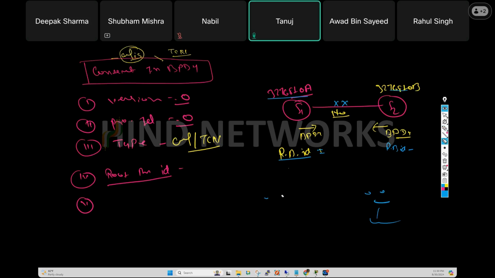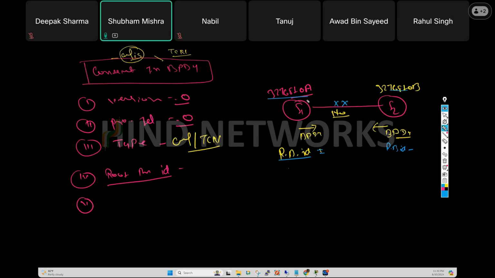Similarly, between switch number 1 and switch number 2, the election has still not happened. Then how can you say who is the root bridge? This is not possible. So in this case, switch number 1 will say I am the root bridge, and switch number 2 will say I am the root bridge. Both switches announce themselves as the root bridge.